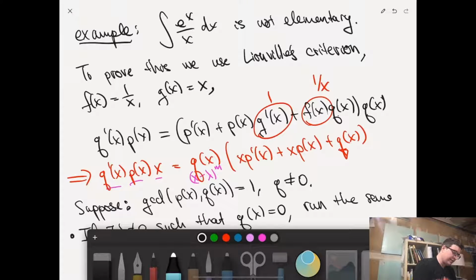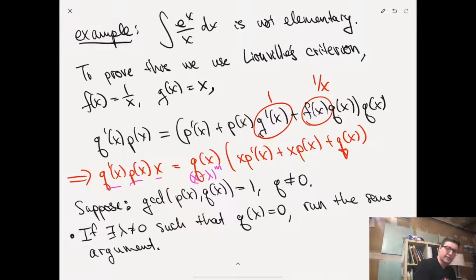Okay, so then the other case is if lambda is equal to 0. All right, so let's do that case on the other. So in particular, what I'm saying is that q of lambda equal to 0 implies lambda is equal to 0. All right, so let's do that case.